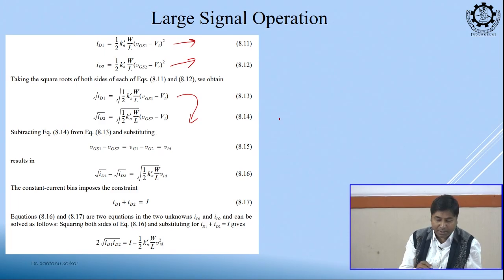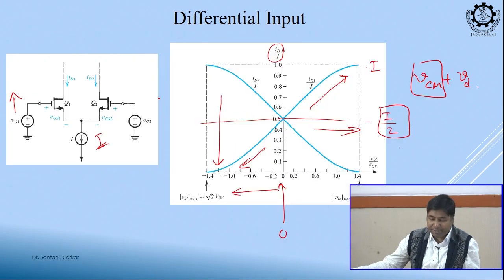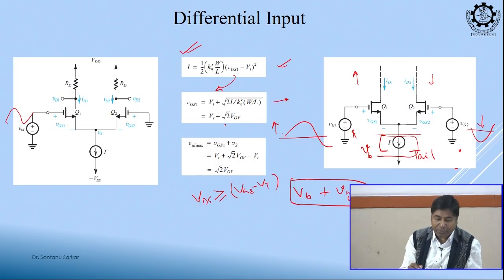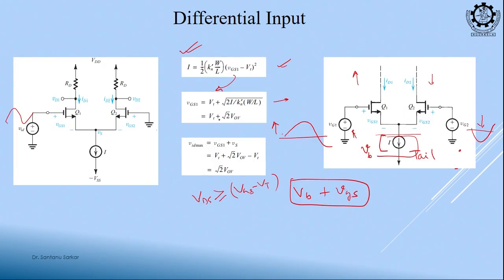Okay. This input voltage difference I have termed VID. And in the previous calculation you see VOV is easier to calculate.